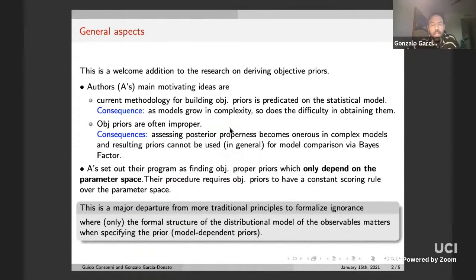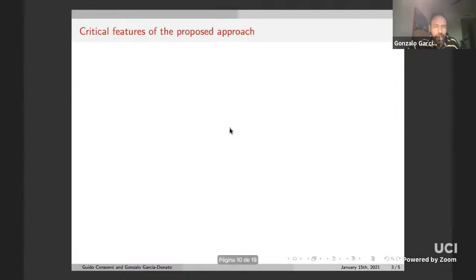This is what they call the model-dependent prior, but that is just the traditional way of assigning priors. Part of our discussion is trying to see if it is possible at all to construct good or optimal priors that don't depend on the model.